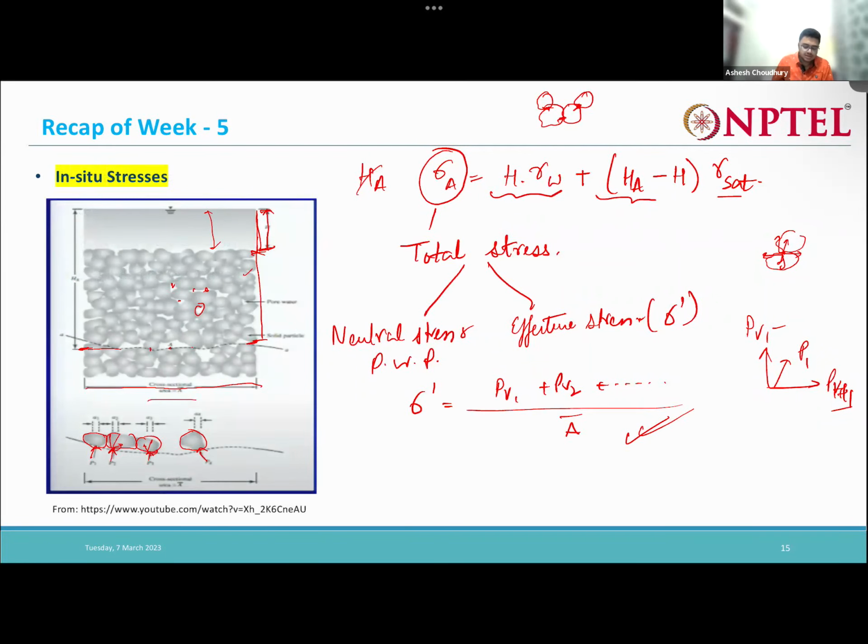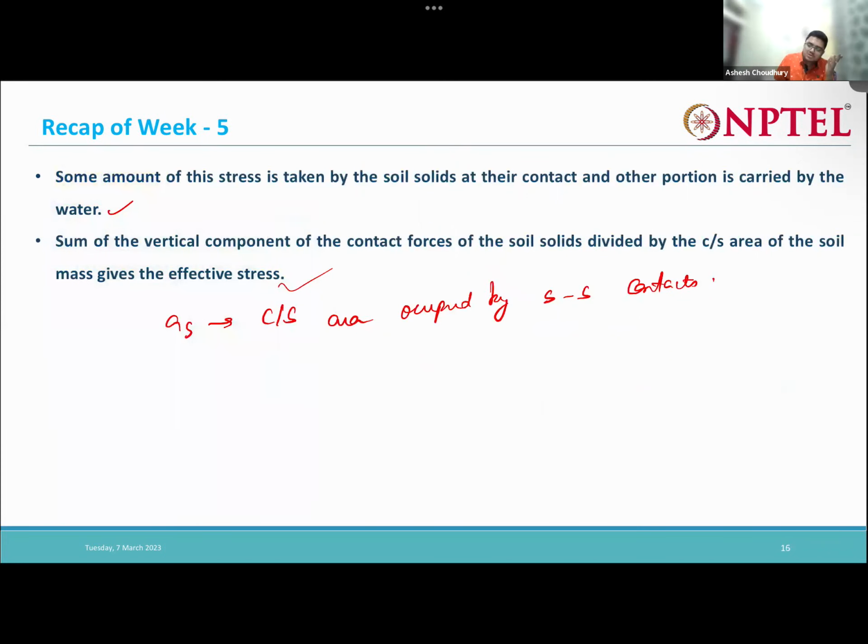In that cross-sectional area, some amount is occupied by void water, and some amount is occupied by the solid contacts. So if AS is the area occupied by the solid to solid contact, then what is the area that is occupied by water? It is nothing but A bar minus AS.